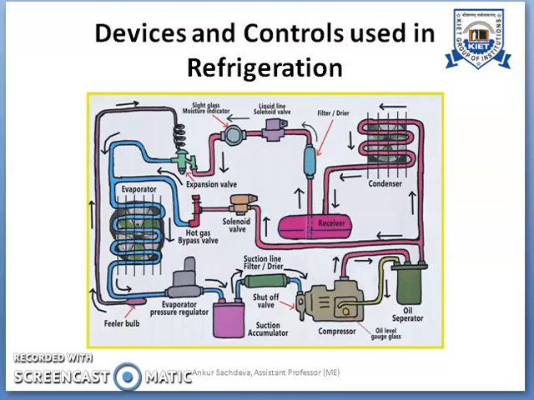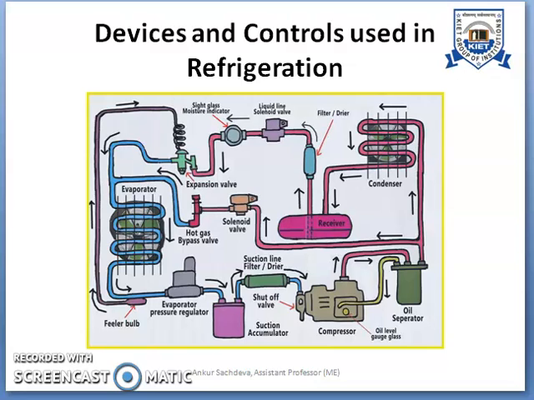Now this slide shows that apart from the 4 main components that we have discussed in the previous slide, we have other controls and devices which are used for proper functioning of the refrigeration system.